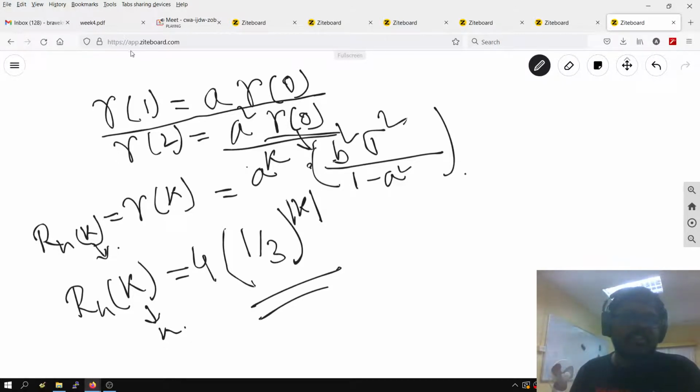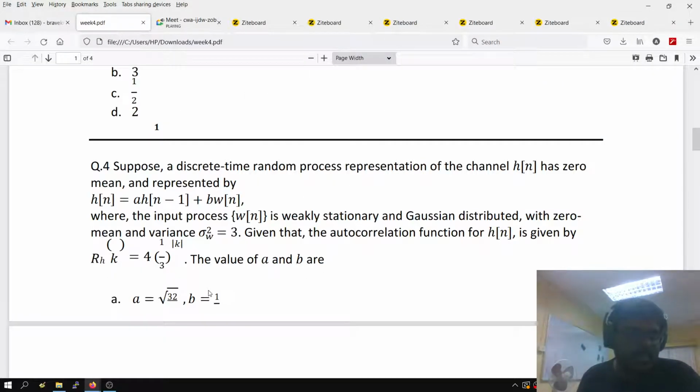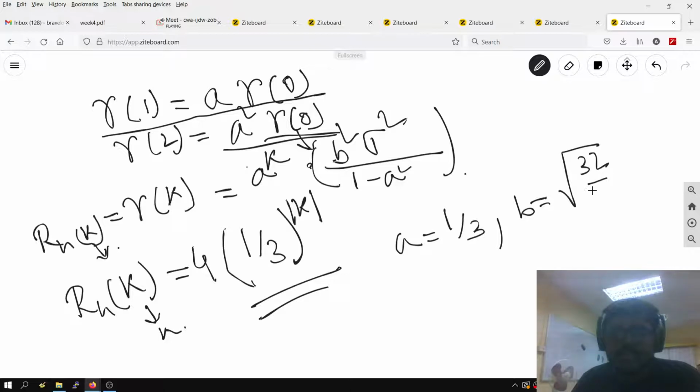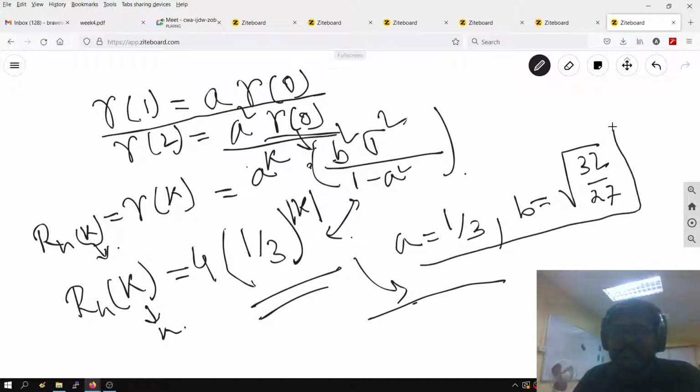Then if we check through the options, the results come out as, if we take a equal to 1 by 3 and b equal to 32 by 27, these two equations are comparable. So the right answer is this.